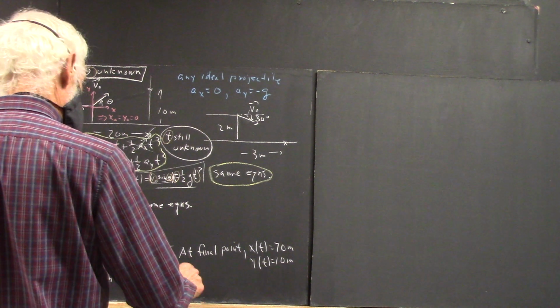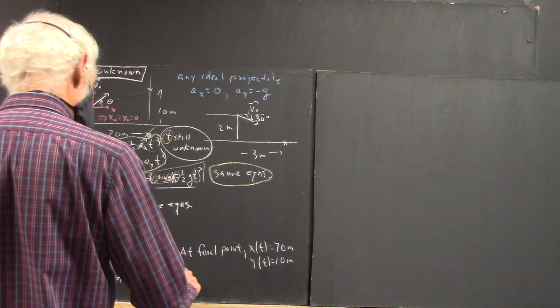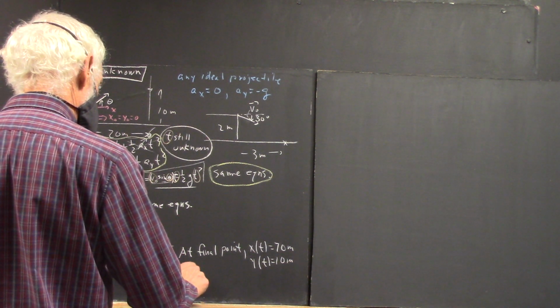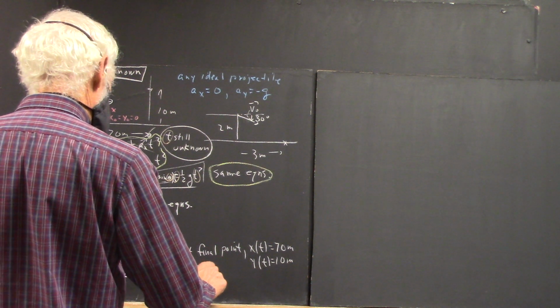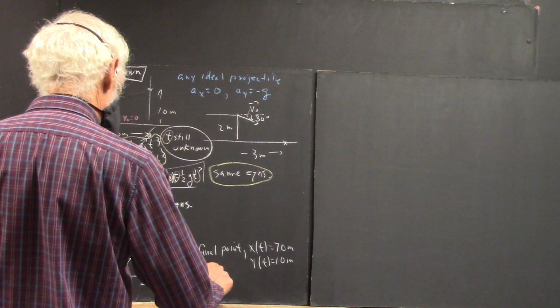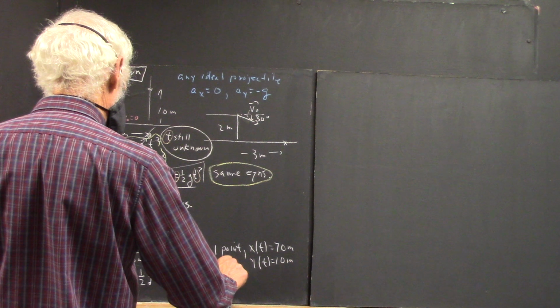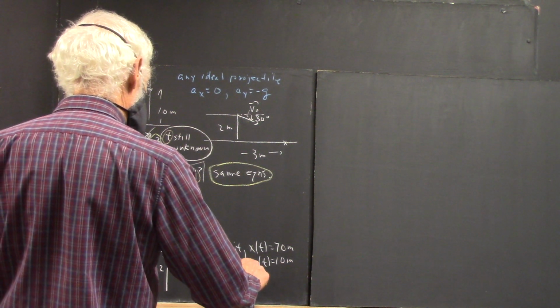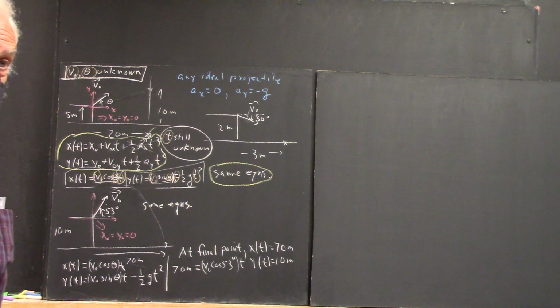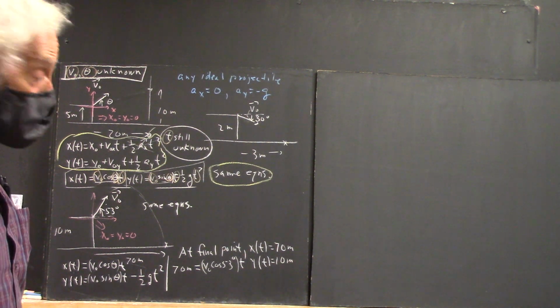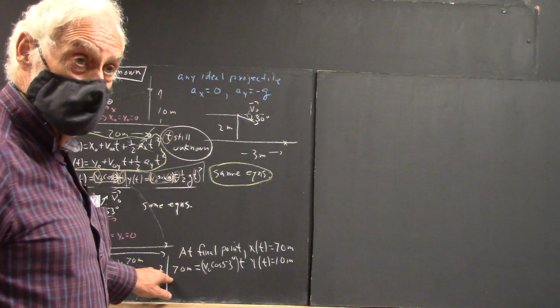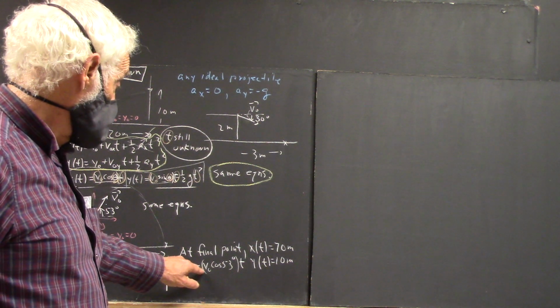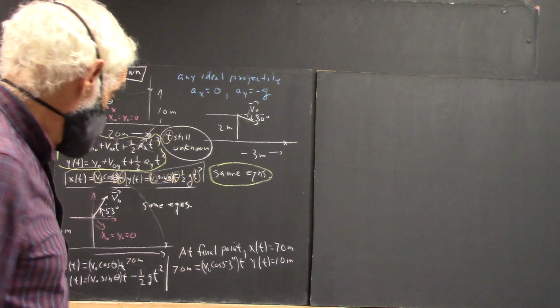So now we can say 70 meters equals v naught times cosine of 53 degrees times t, right? Well, immediately you can solve this for t in terms of v naught.